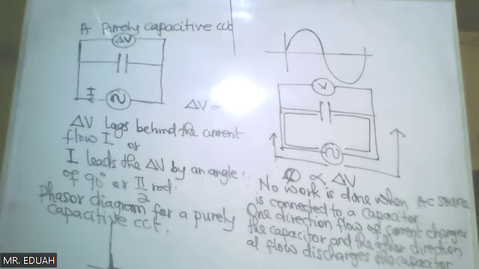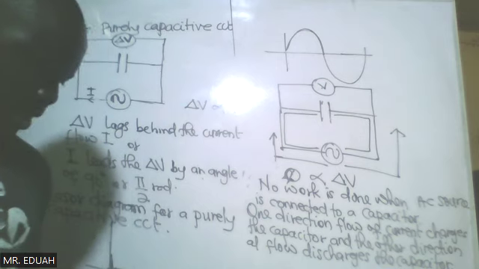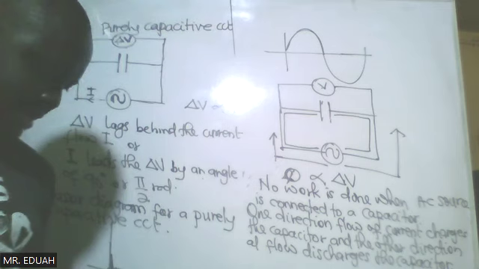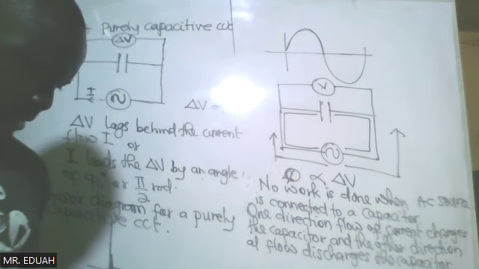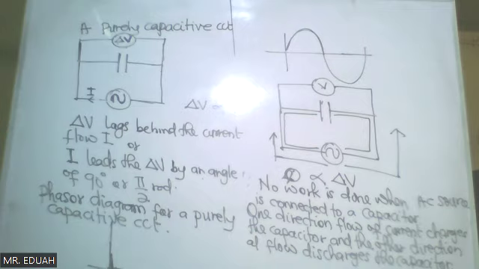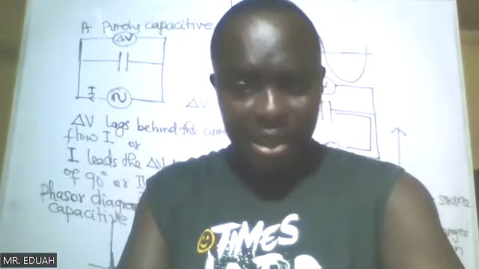Okay. What is an inductor? An inductor behaves as a resistor. But the difference is that an inductor opposes alternating current.